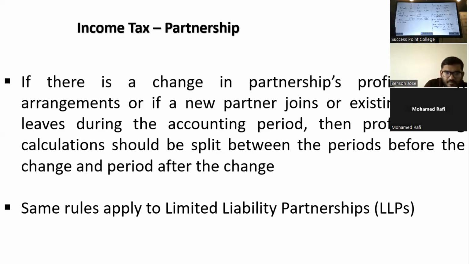We will split the profit in the existing ratio. Existing ratio, remember, is 40-30. Okay. So 84,000 are the profit for the year. First, I will calculate the profit for 9 months. These are 63,000. So I will split these 63,000 profit between these two.